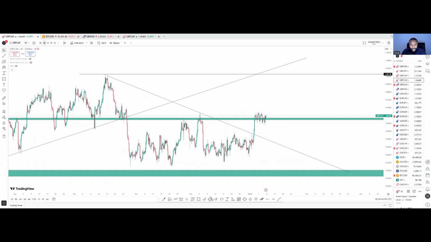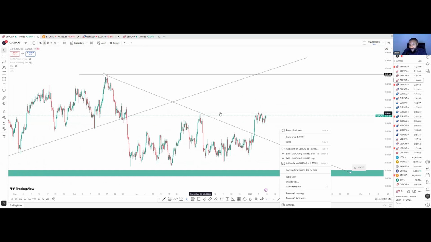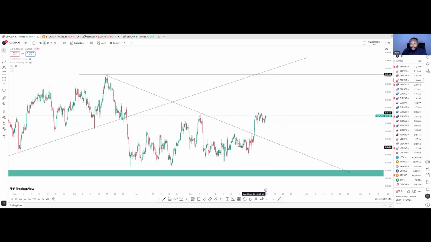Let me take this one out. The price is on the resistance level. What I am seeing is a flag pattern that is forming on the 4 hour time frame. So I will take out this trend line and this horizontal resistance line.